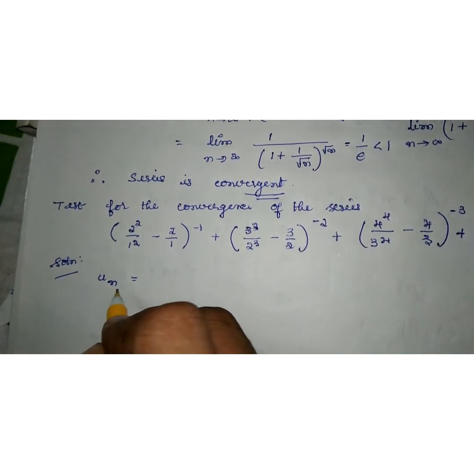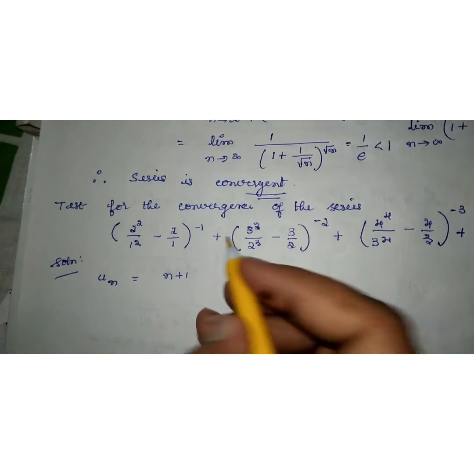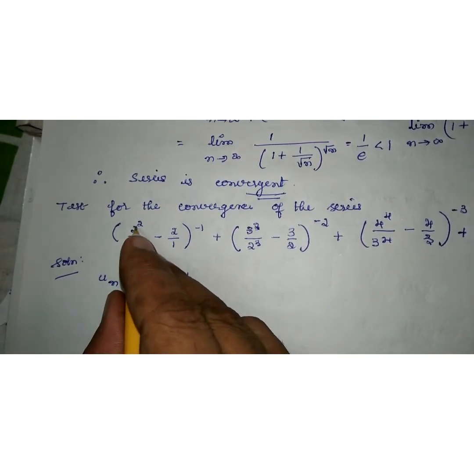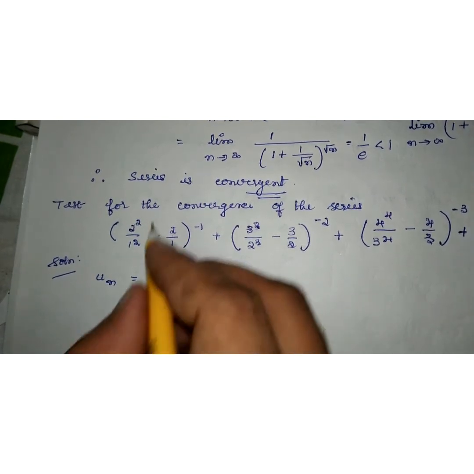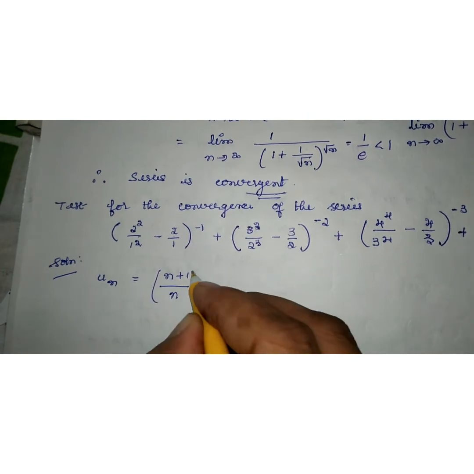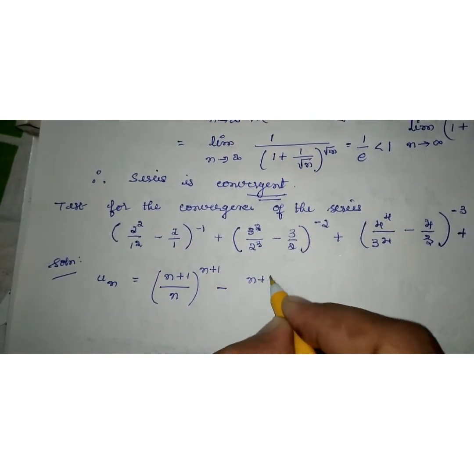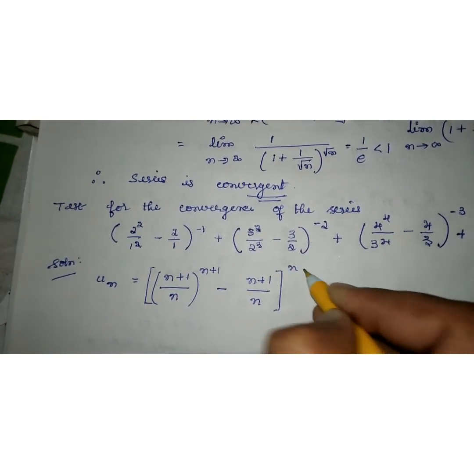So we can write the nth term as, let us see, nth term is n plus 1 by, see here, second term by first term, n plus 1 by 1 and the square, so it is (n plus 1 minus n plus 1 by n) whole to the power n.